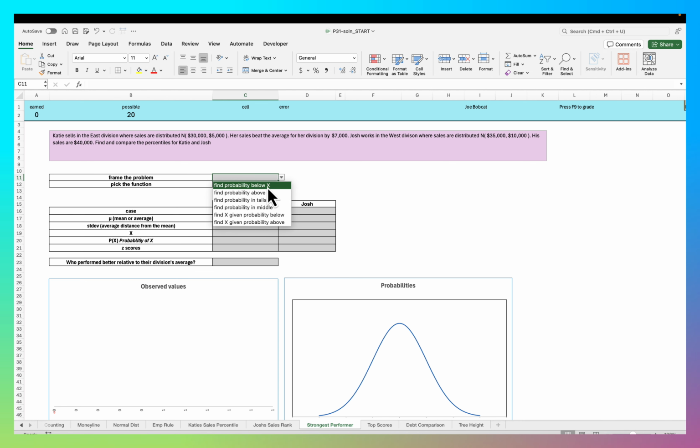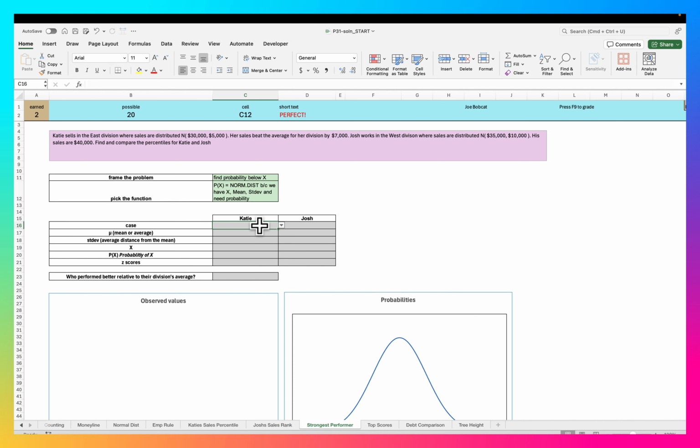So we're going to look at the probability below x, because we're effectively saying, what percentile is each one in? Pick the function. Again, it's norm.dist. You're going to see that a lot. And it's one-tailed left in both cases. And the mean is going to be 30,000 for Katie, 35,000 for Josh.